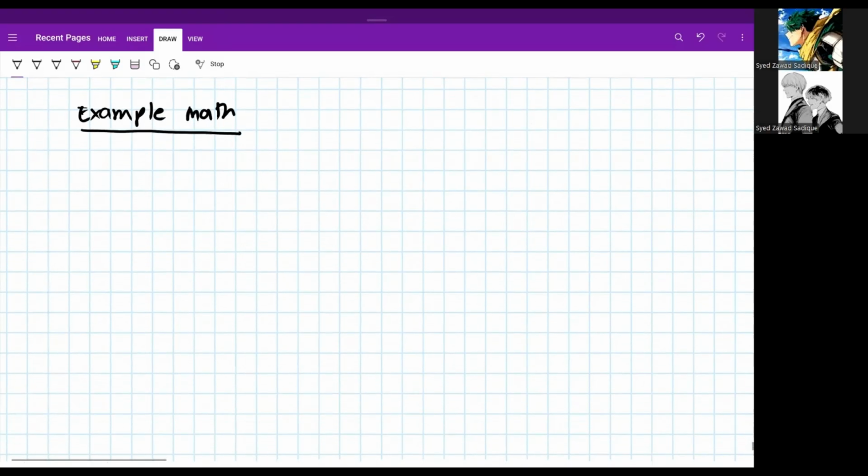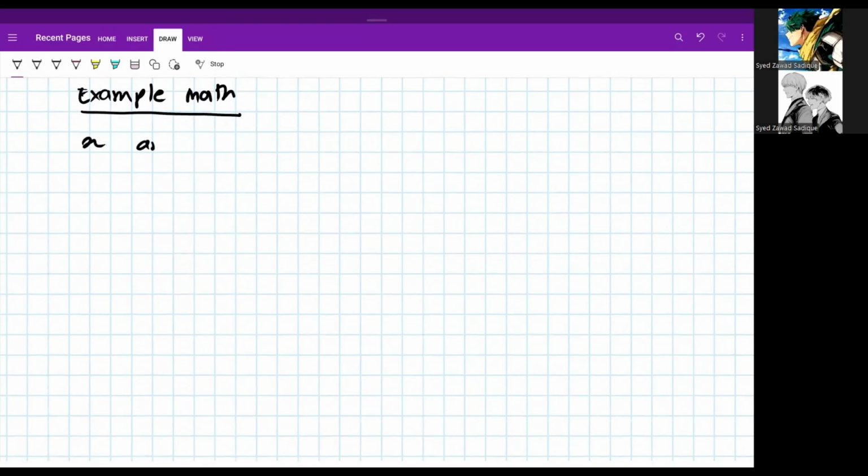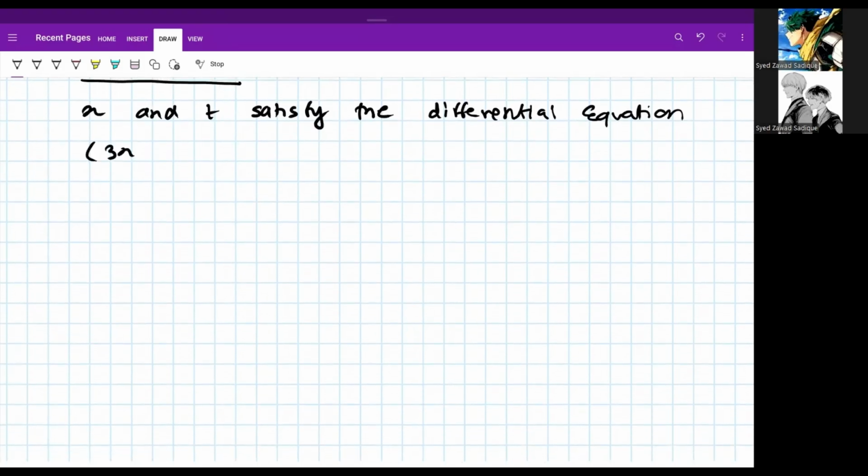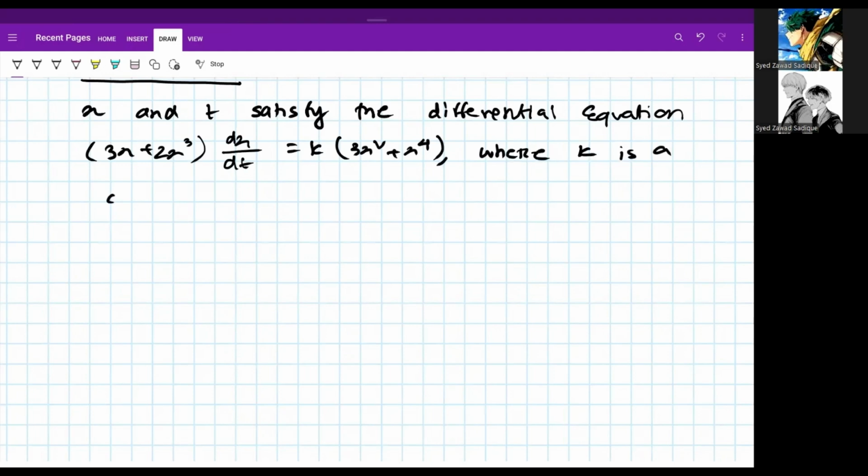Let's say x and t satisfy the differential equation (3x plus 2x cubed) dx by dt equals k(3x squared plus x to the power 4), where k is a constant.